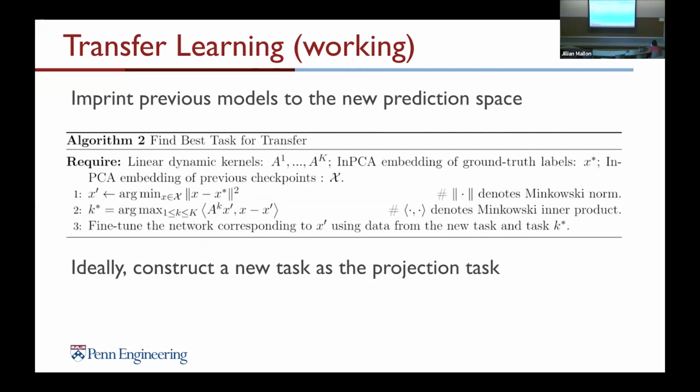The next step is to find the best task from all the previous tasks as a starting point for our transfer learning. Given all the basis matrices and the PCA embeddings, we can find the optimal task as follows, and we fine tune from the optimized task to the target.